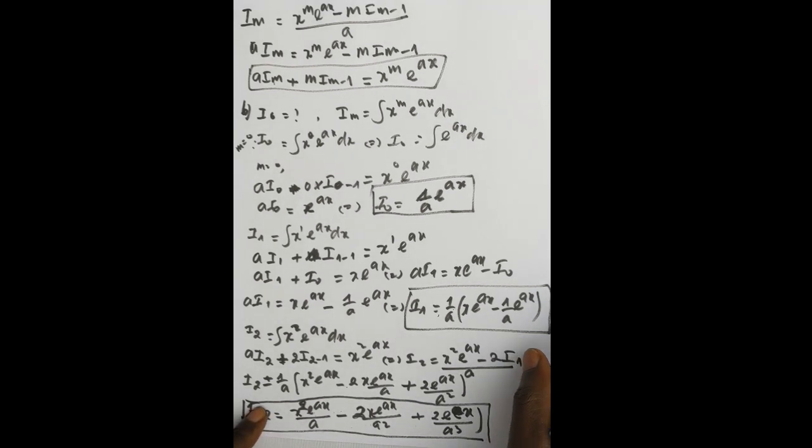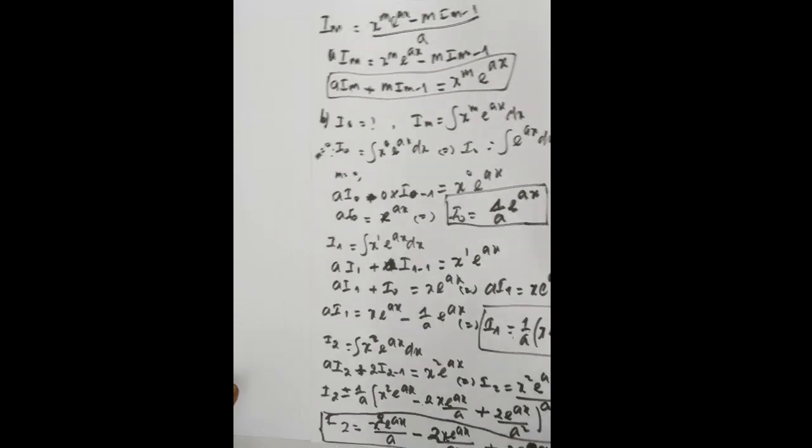So now this is the first example. Let's go for the second example. The second example is saying that, this is number 2.